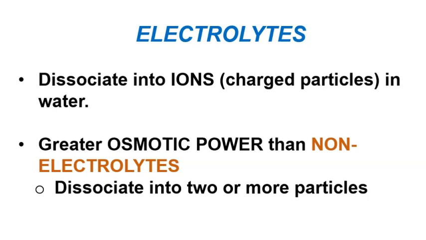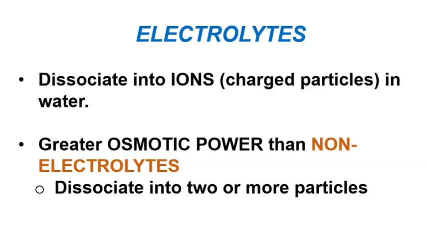So not only are electrolytes important for functions like the nervous system and the muscles, they are also molecules that create a greater osmotic power or a greater osmotic pull than non-electrolytes, which makes them really important in fluid balance between the cells and the tissues of the body. So the reason for this is that when electrolytes dissolve in water, they dissolve or dissociate into two or more particles.